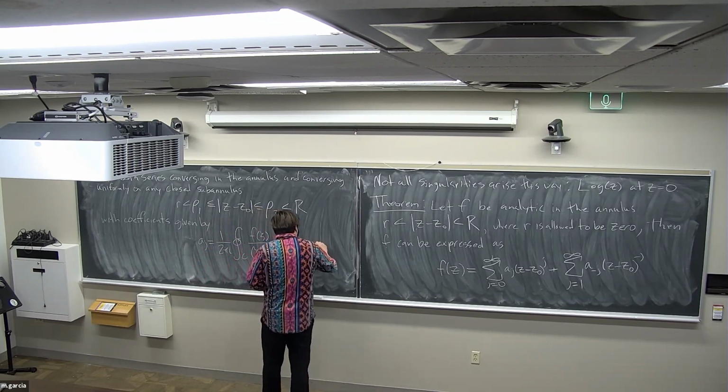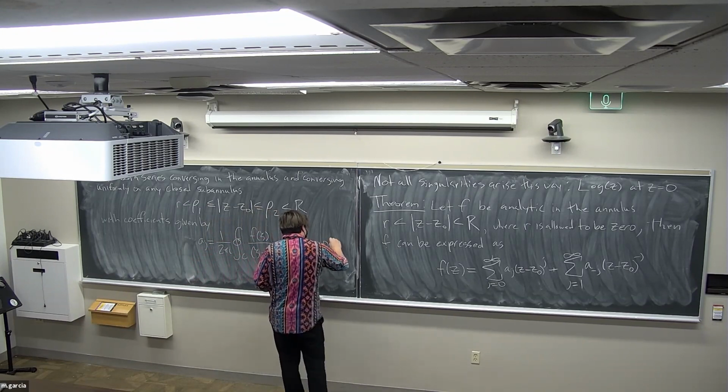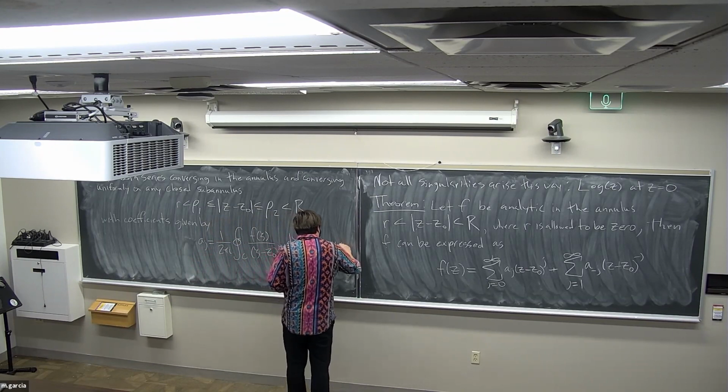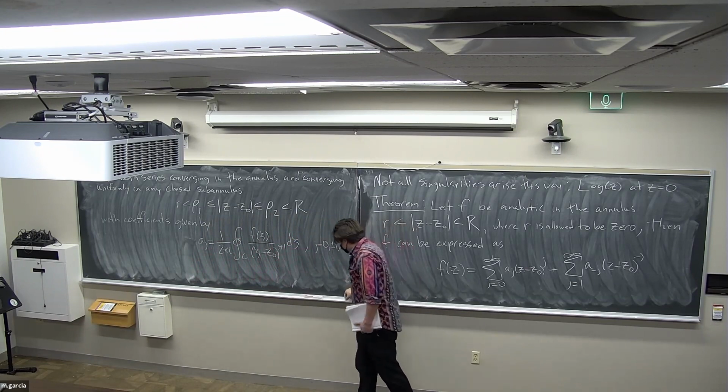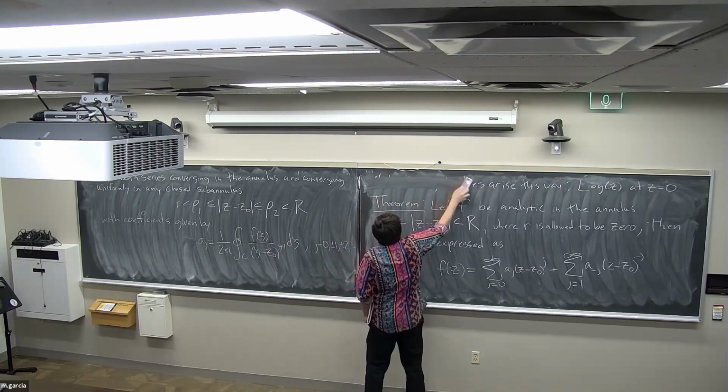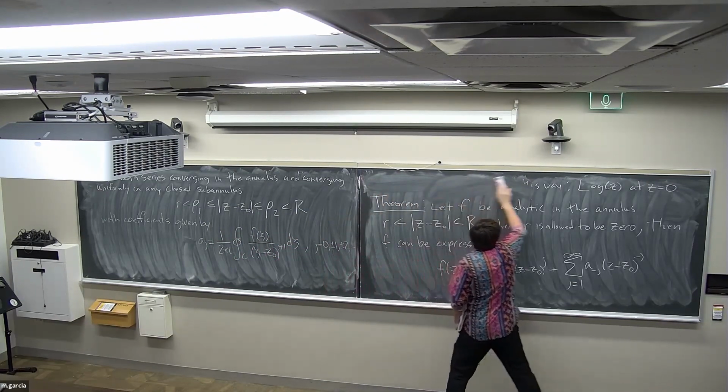Here, I'm letting j range through all integers, positive or negative. I haven't said exactly what C is yet.